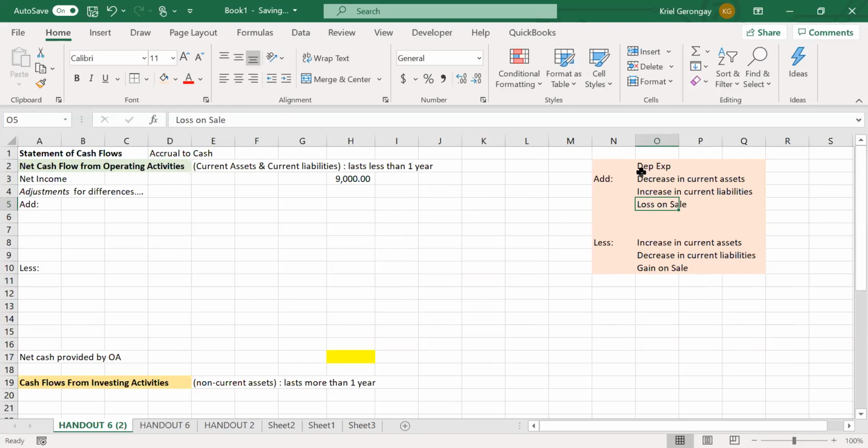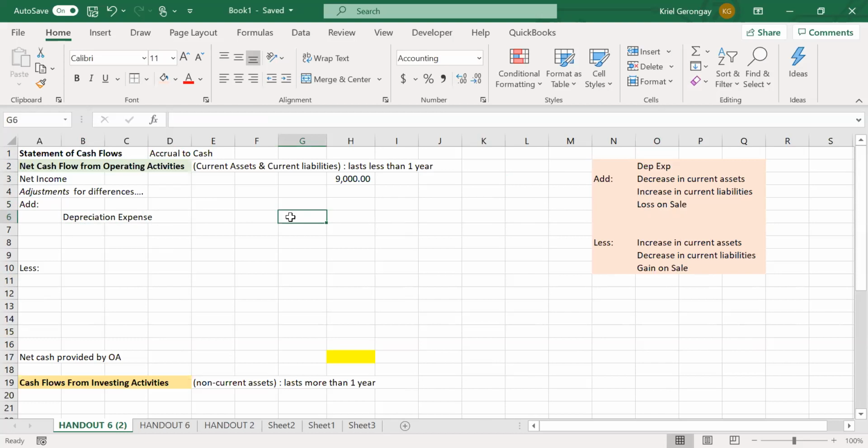And so if you see depreciation, it's the default, you're gonna have to add it back to the operating activities block. Okay, so depreciation expense. Since depreciation is not really a cash transaction, we have to add it back to the net income since we're converting from accrual to cash.